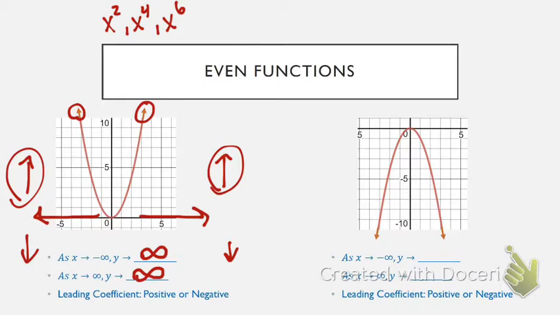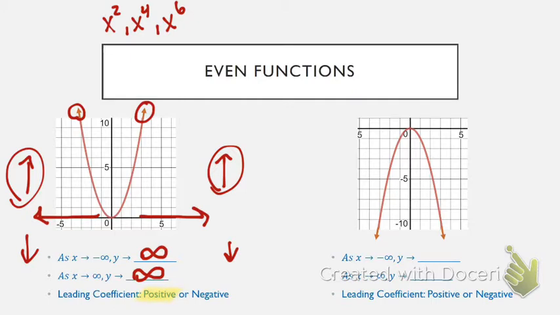Now, how do we determine if the leading coefficient is negative or positive? So we have two options. We can, one, remember what an x squared function looks like, and it opens up if a is positive, or the negative out front means that we have a reflection. So in this case, my leading coefficient is positive.